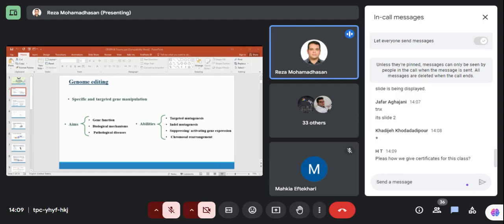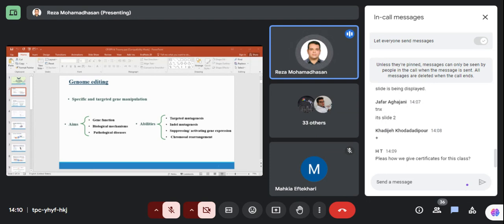The first step is creating a DNA break and then repairing the break with two main DNA repair pathways in cells, HDR and NHEJ. This one is HDR. In HDR, you need a pattern, a DNA pattern, to repair or fix the break.